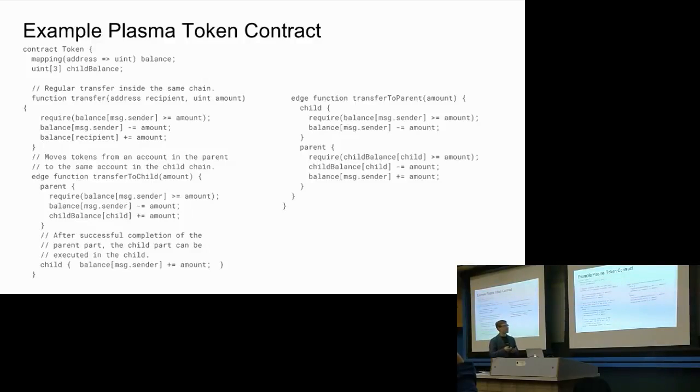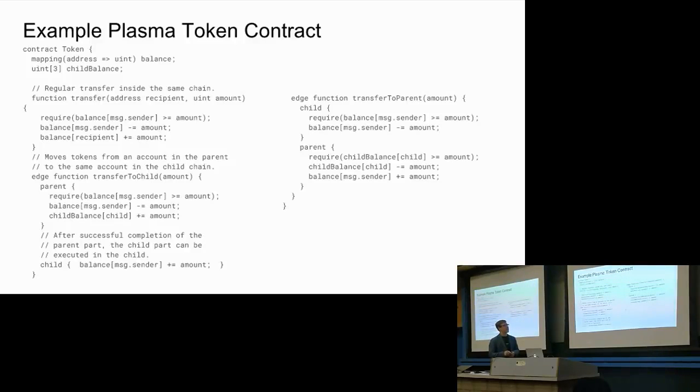And at that point, the person that sent the transaction can prove that the child part was executed successfully in the child chain, and that means that the execution of that transaction in the parent can skip the child part, verify that it was executed in the child, and then continue the execution in the parent part, which checks that the locked balance, the sum of the balance of the child, is at least the required amount, removes the amount from the child balance, and adds the amount to the sender's balance in the parent chain.